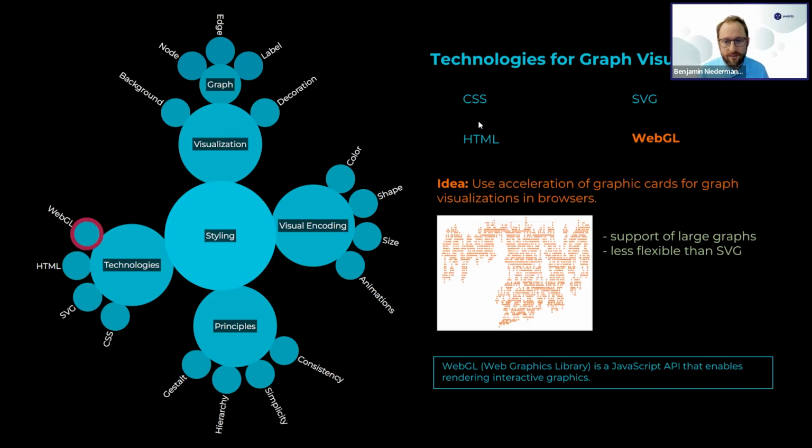And finally, I would also like to mention WebGL. Sometimes you get really large graph visualizations where techniques like SVG or HTML are overwhelmed. So basically it becomes too slow because you have too many elements. And of course, what you can do is you can use standard graphics libraries for web technology like WebGL in order to render your graph visualization.